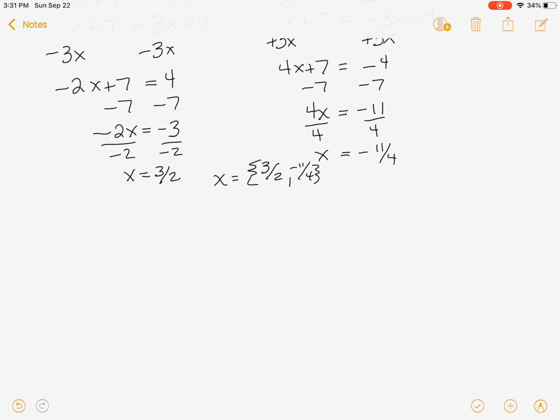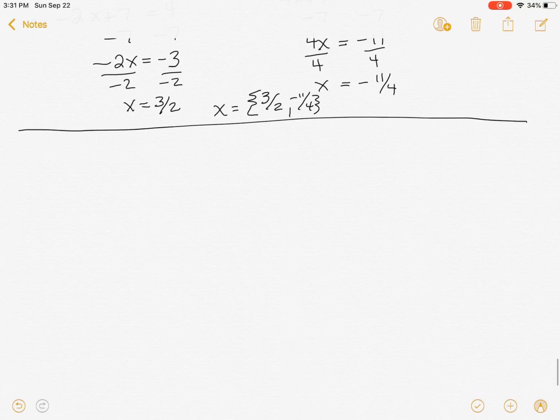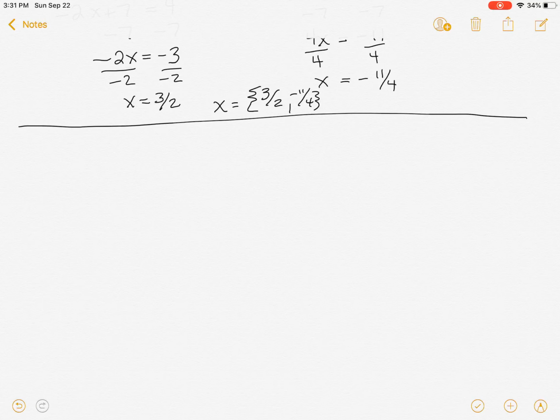Now, there are two kinds of questions that don't follow those rules. Alright? What if I have the absolute value of 2x minus 9 equals 0?